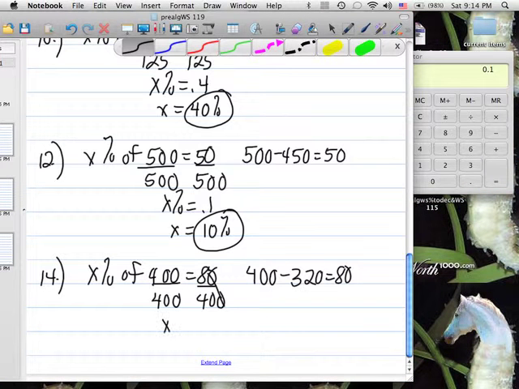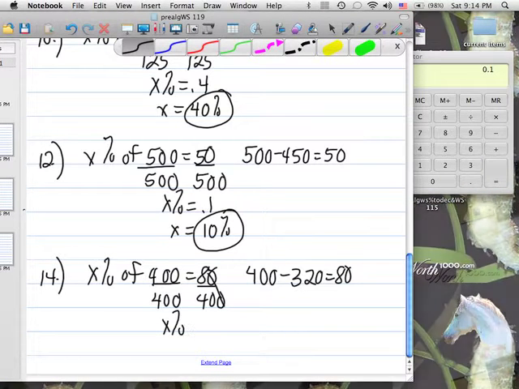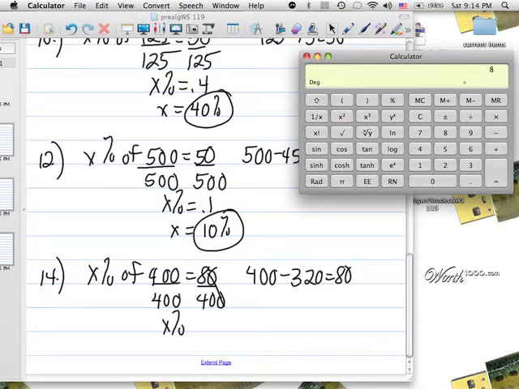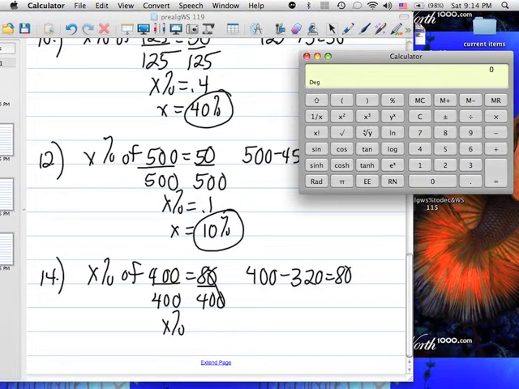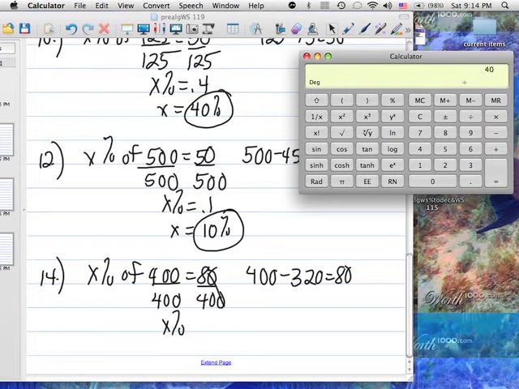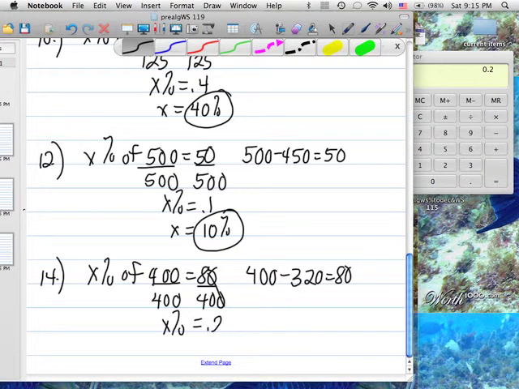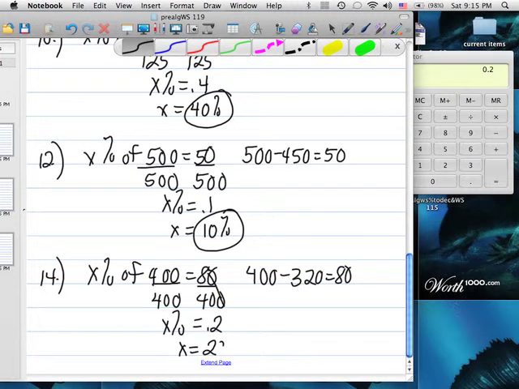And we're going to get 1/5 again, which is 0.2. So our percent of decrease is 20%.